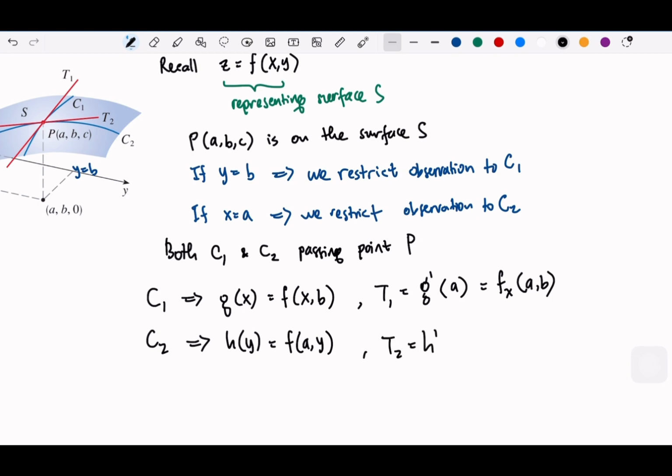This will be h prime of b. So these two curves help us describe each view in one single variable definition, like when we did in calculus 1. And then, based on our definition of partial derivative, we can make that into these two definitions. So actually, the plane that we might come up with will be defined based on the T1 and T2, okay?